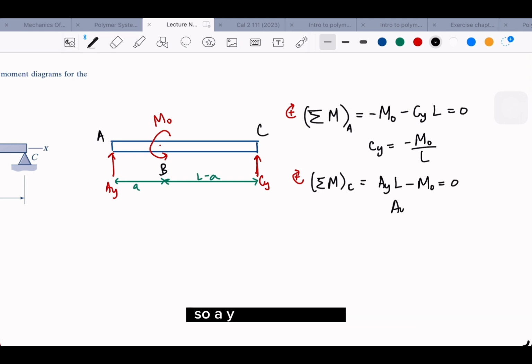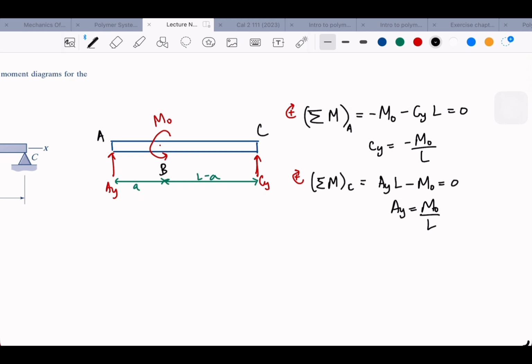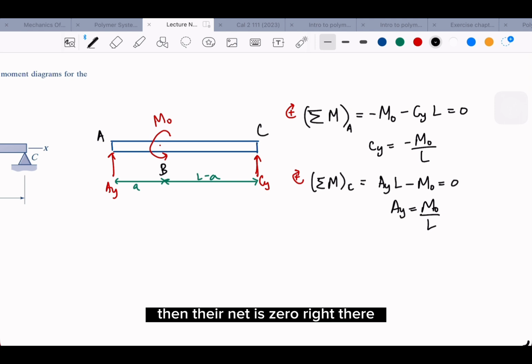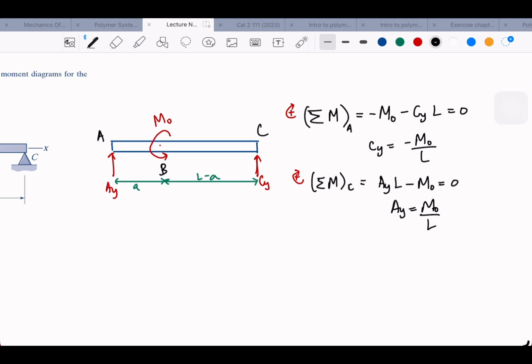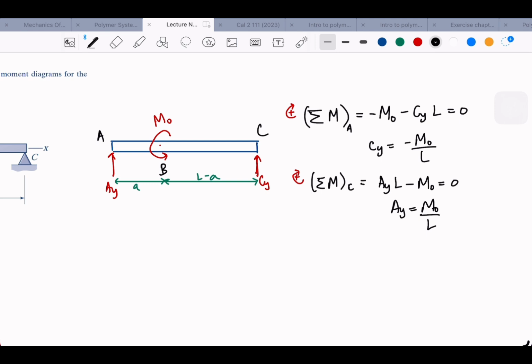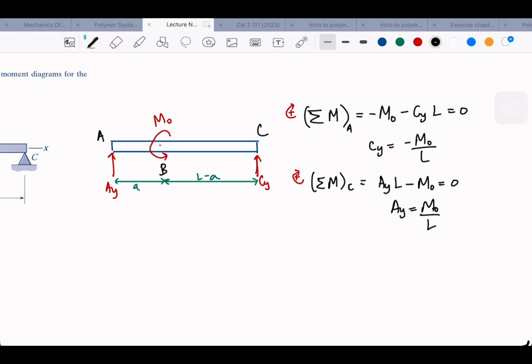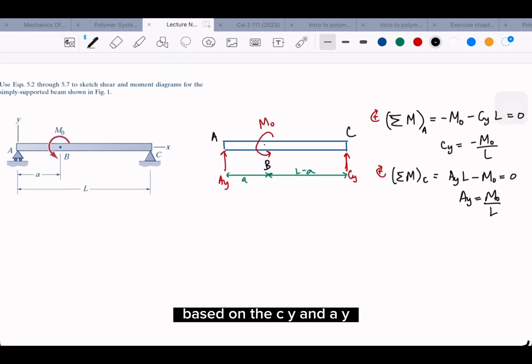So AY is M0 over L. And I think we could see that these two components, their net is 0, right? The sum of these two forces is 0, and we could start to write it down on the diagram based on CY and AY.